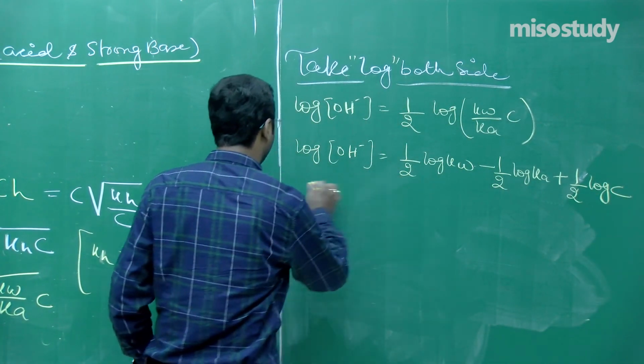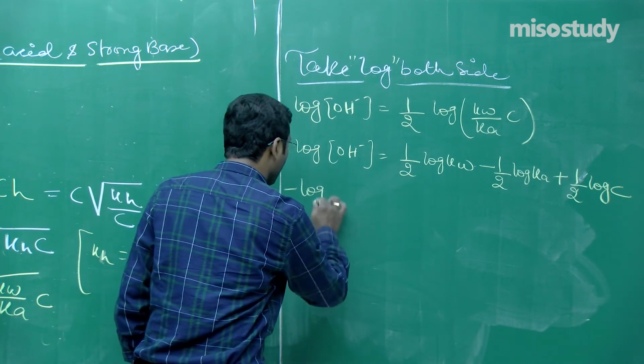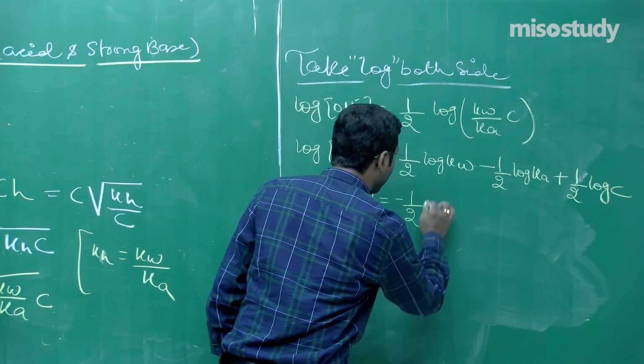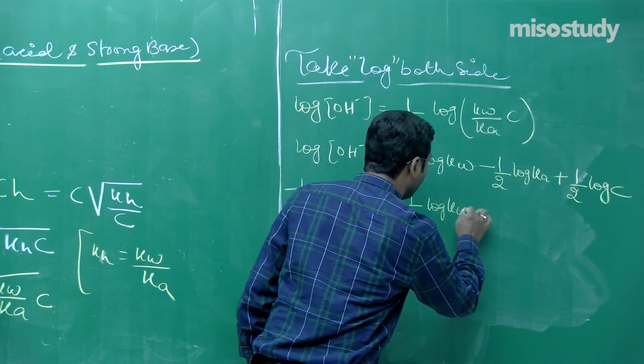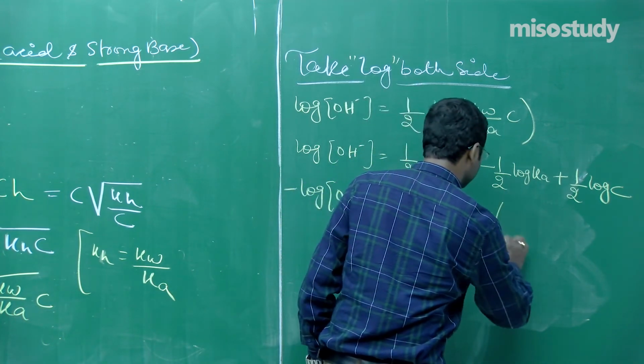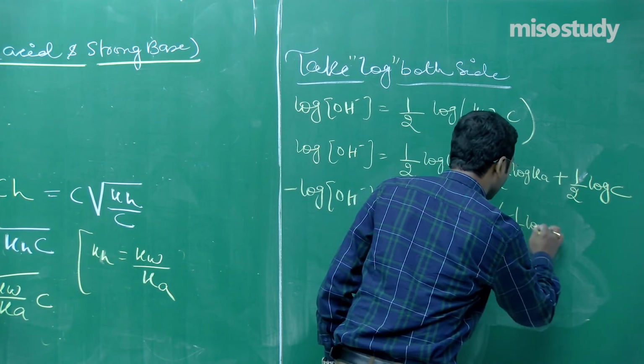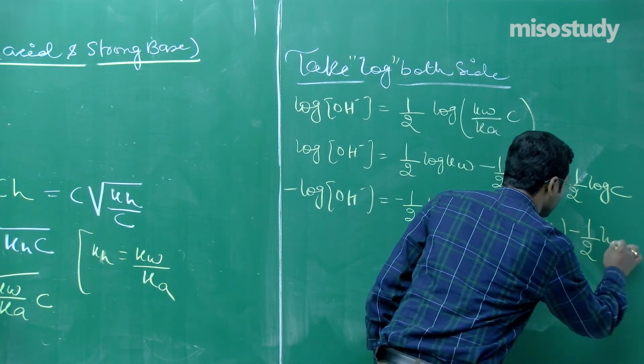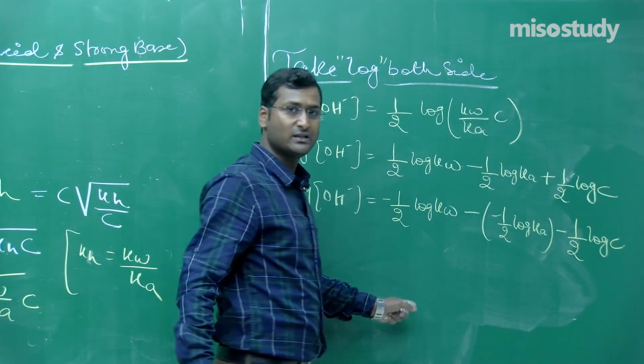Okay friend, now take minus log both sides. Minus log OH minus is equal to minus 1 by 2 log KW, then minus 1 by 2 log Ka, then plus will be minus, that is 1 by 2 log C. Is it visible to you, friend?